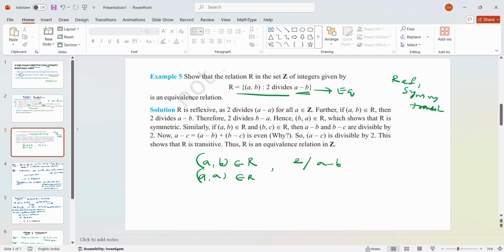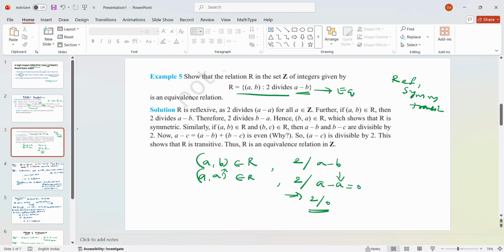Now (a, a) belongs to R means in place of b, what do you need to replace here? a we need to replace. So 2 divides a minus a, and a minus a is nothing but 0. So of course 2 divides 0. That's why this relation holds the reflexive property. Understood? Using this condition we have to prove. If it is not satisfying, for which element it is not satisfying, that you have to write.